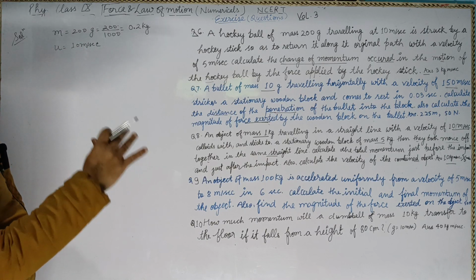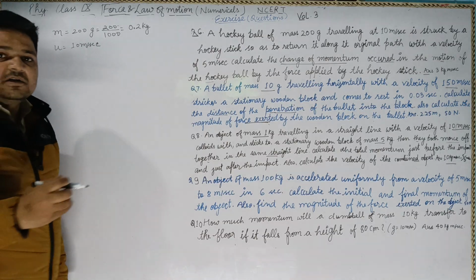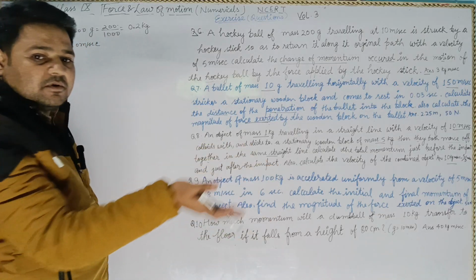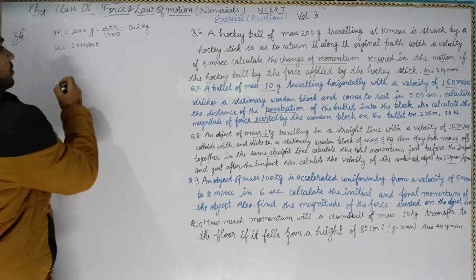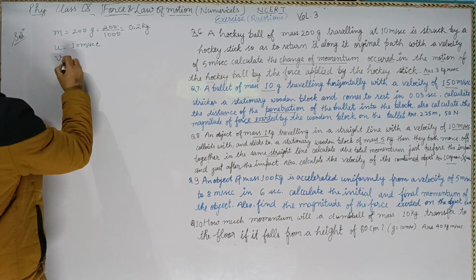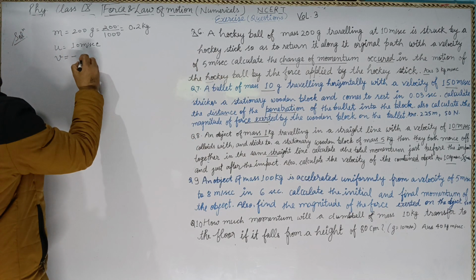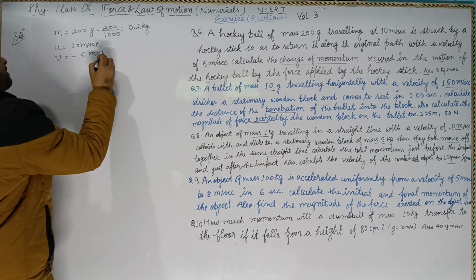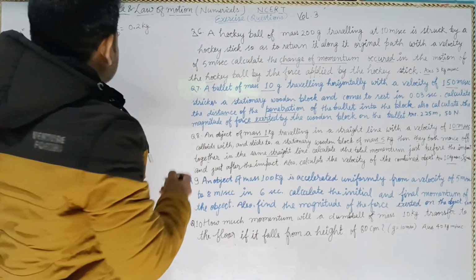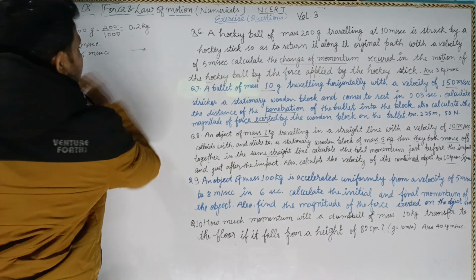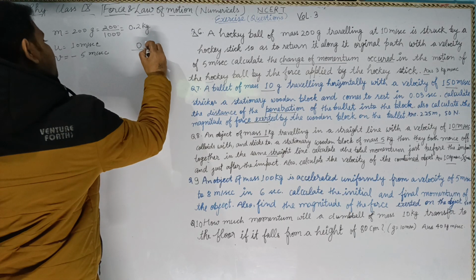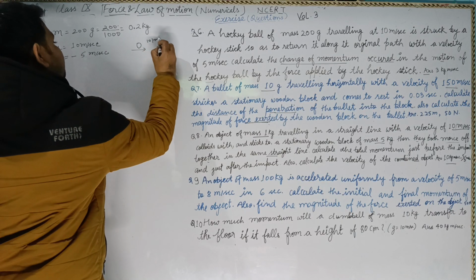It is struck by a hockey stick. When the ball is struck by the hockey stick, it goes in the opposite direction with the velocity of 5 meter per second, so v is equal to minus 5 meter per second. When the ball goes in this direction, its velocity is 10 meter per second.